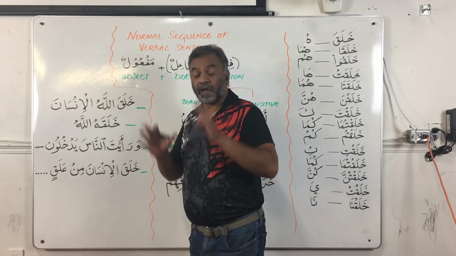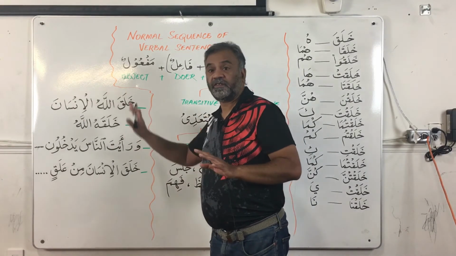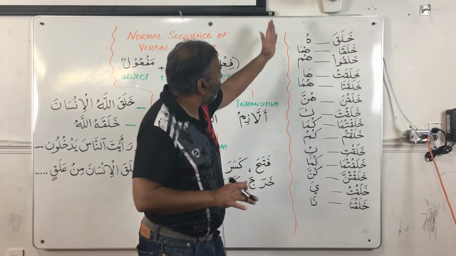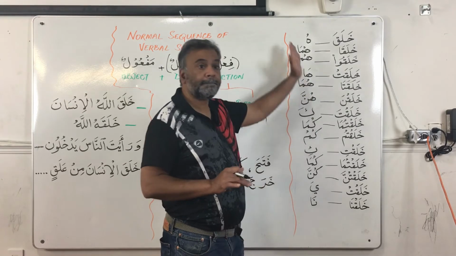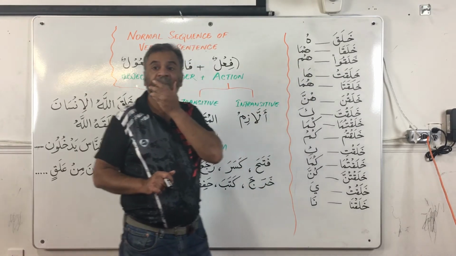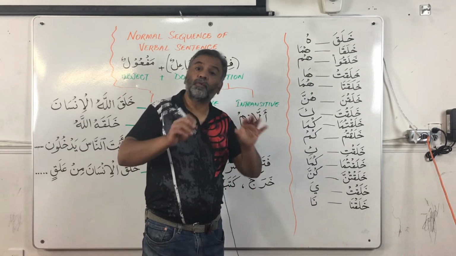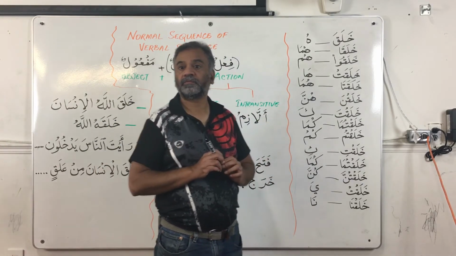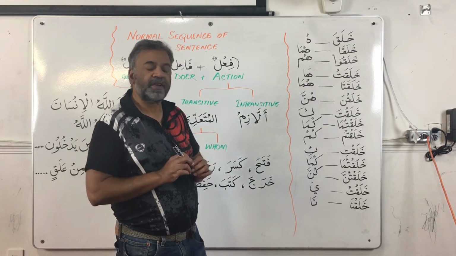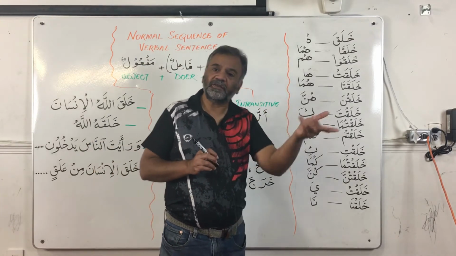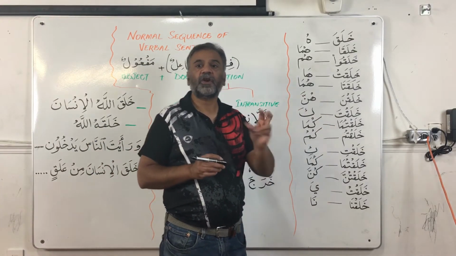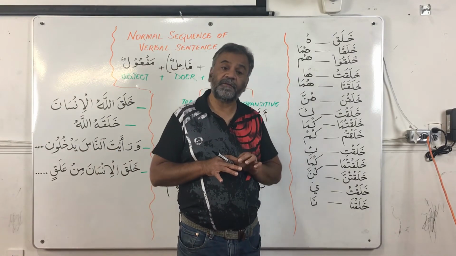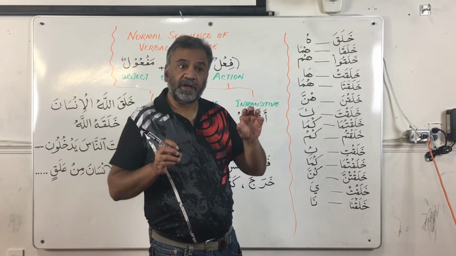So this is the normal sequence of the verbal sentence. What is this column here? Damirun muttasilun, attached pronoun. When attached pronouns attach themselves to something, right? They cannot come on their own. We already learned that.